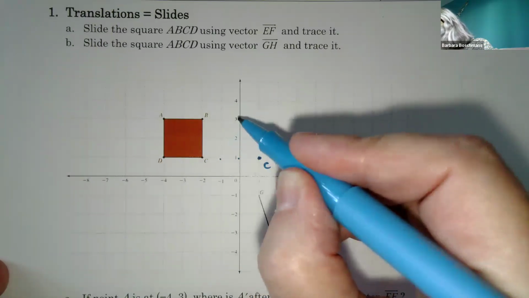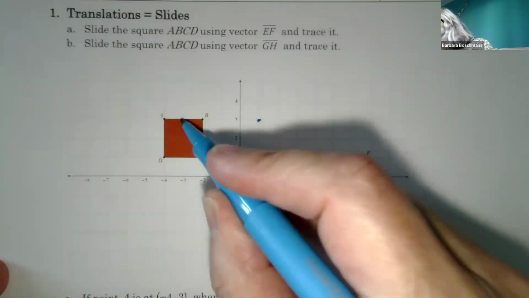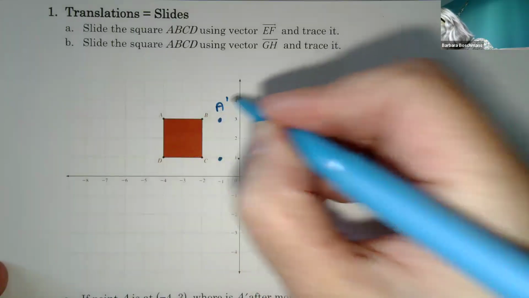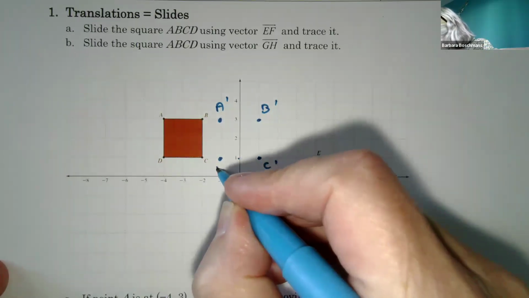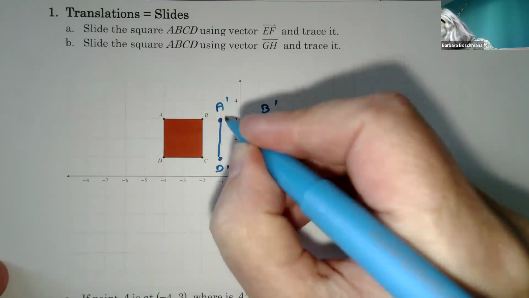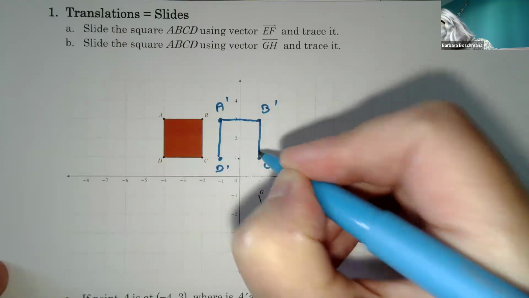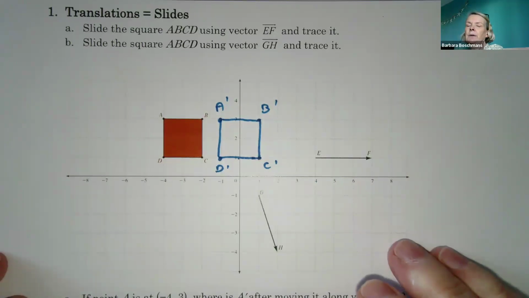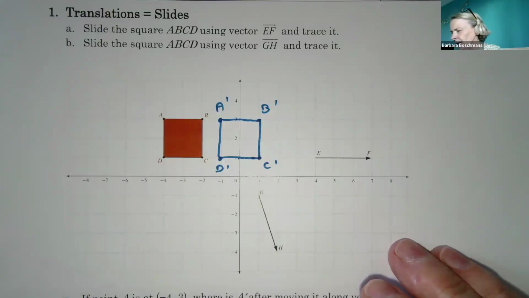And then we have 1, 2, 3 up here, 1, 2, 3 here, and here. So this is A prime, B prime, C prime, D prime. And this is the image of square ABCD along vector EF.